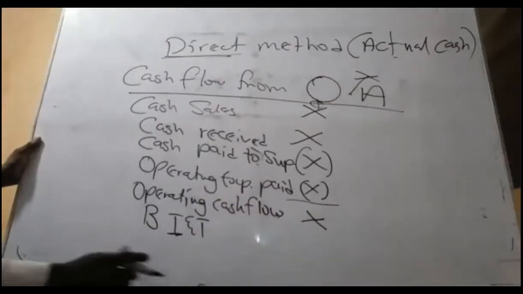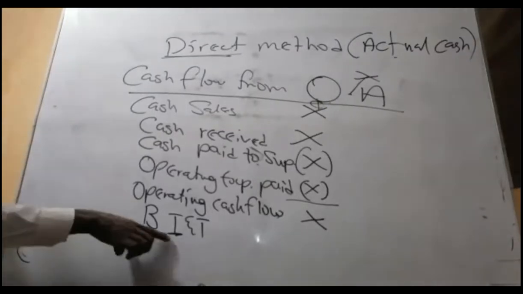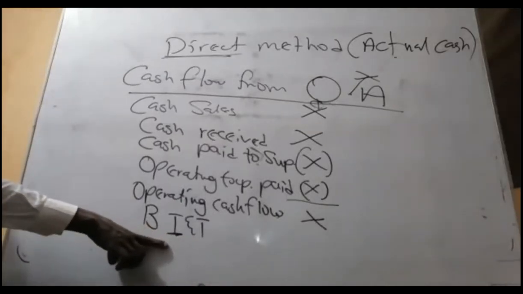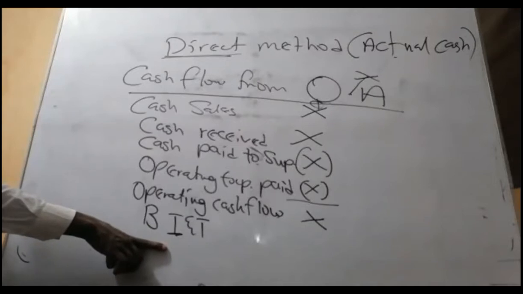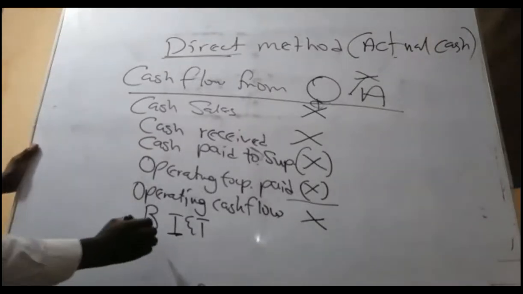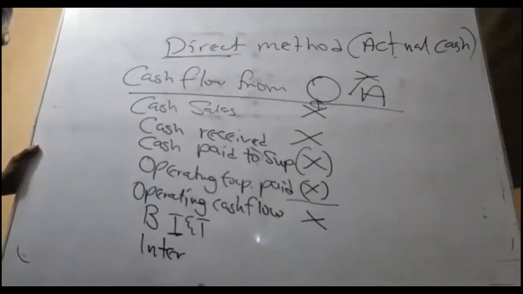Then the last two items. Since this cash flow is before interest and tax, the next item will be what? Interest, right? That's the cash flow. So, interest paid. Here, everything must be cash, either paid or received, not incurred.